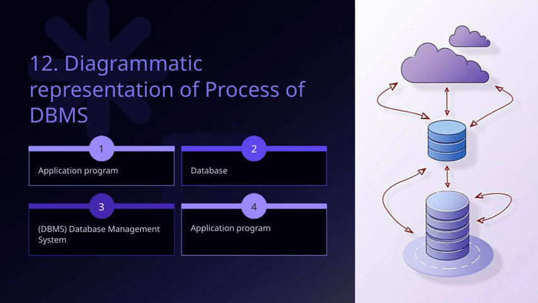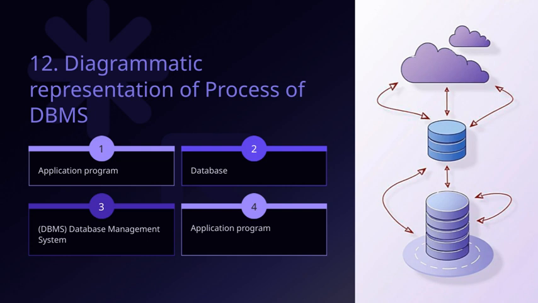All right, let's take a closer look at the diagram illustrating the process of a DBMS. As you can see, it starts with the application program, which is essentially the interface that users or other systems interact with. This application sends requests to the database management system, or DBMS, which acts as the intermediary. The DBMS then processes these requests, managing the data stored in the database.